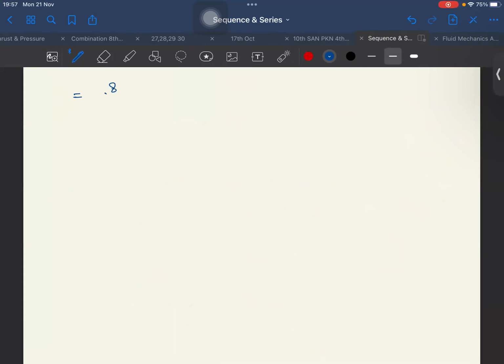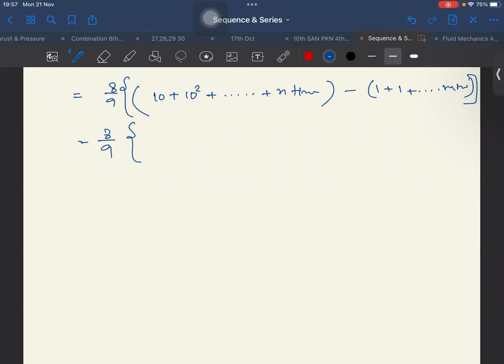This is equal to 8 upon 9, 10 plus 10 square plus so on up to n times, minus 1. So by the way, it is being multiplied in whole. Okay, 1 plus 1 plus up to n times. Okay, so this will be 8 upon 9. So this is GP. So the first term A is 10.